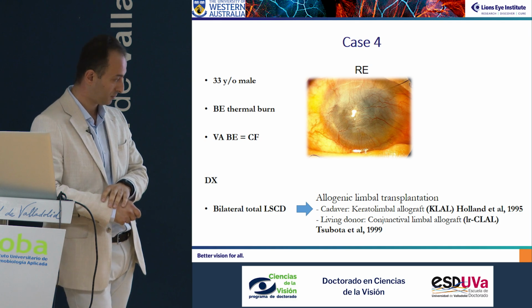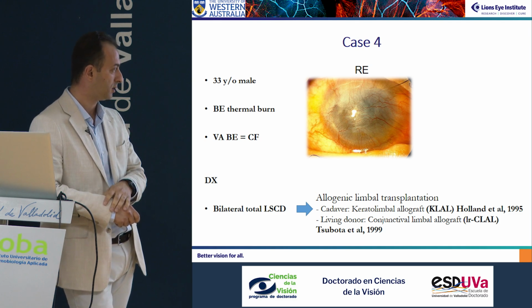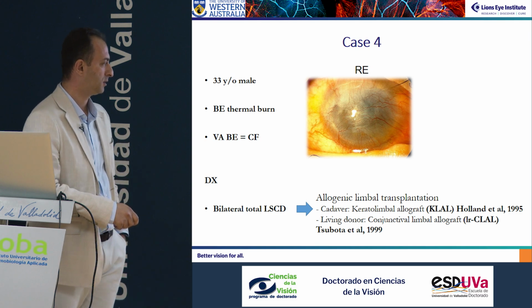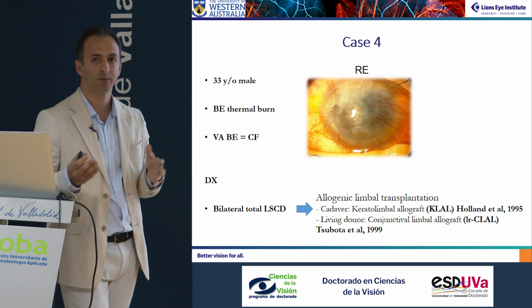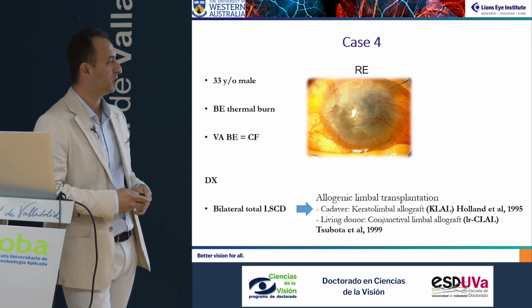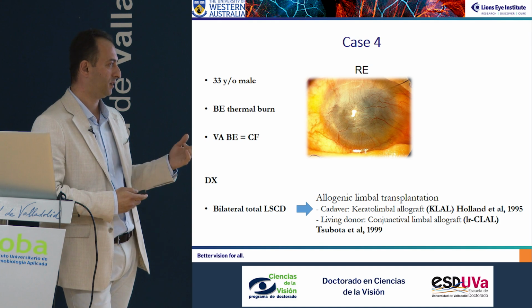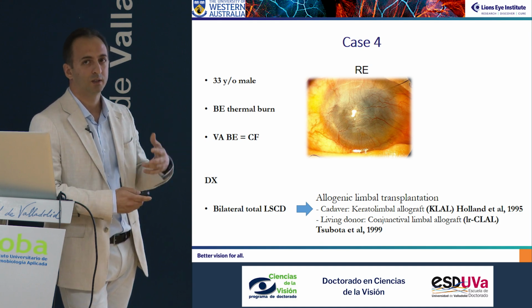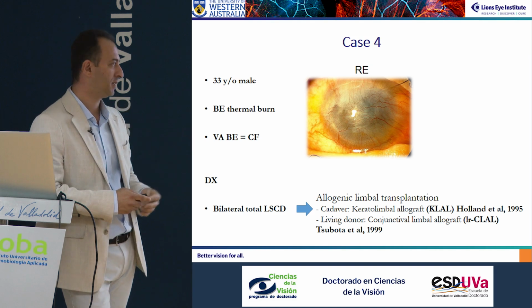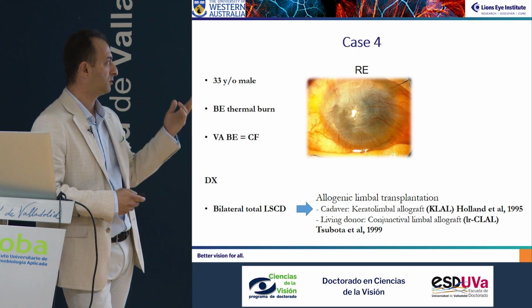So they invented this procedure called living-related conjunctival limbal allograft, or CLAL, which was invented by Sobota in 1999. But later they realized that even if it's a family member, they're still going to reject the graft. And with this one, because the patient is a living donor, you put the donor eye at risk. So that's why keratolimbal allograft is still the first option for these cases.